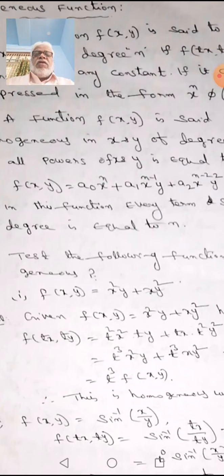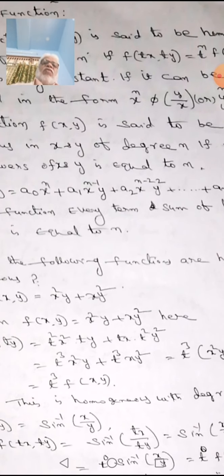So x power n phi of y by x is of degree n. In other words, a function f of xy is said to be homogeneous in x and y of degree n if the sum of all powers of x and y is equal to n.